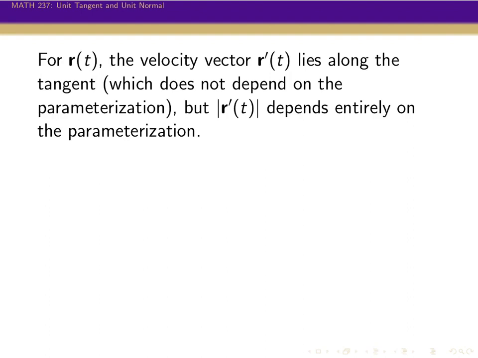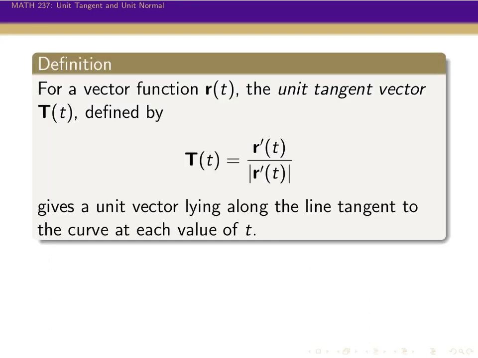But the magnitude of the velocity, which is the speed, the magnitude of r prime of t, that's the speed function. The speed at which you move along the curve comes from the parameterization and not from the curve itself. And so sometimes we want to strip out this speed and get just to the tangent line itself.